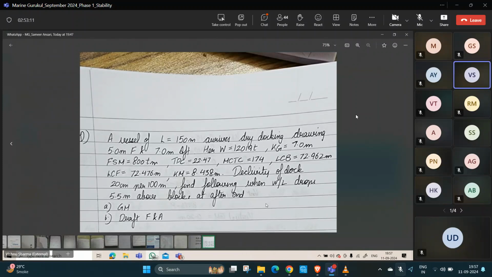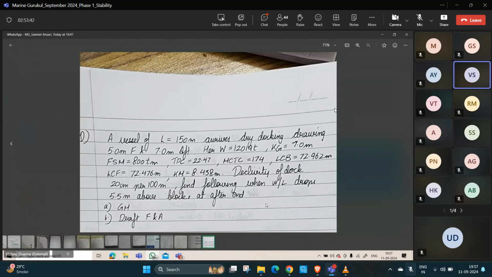We know the question is talking about the level of 5.5 meters. That means since she was trimmed by stern, the aft draft will become 5.5. Then you will determine whether the vessel is within the critical period or not. If it is not within the critical period, then aft draft is reduced by 1.5 meters from 7 meters to 5.5 meters, which will be because of mean rise and the trim change component.